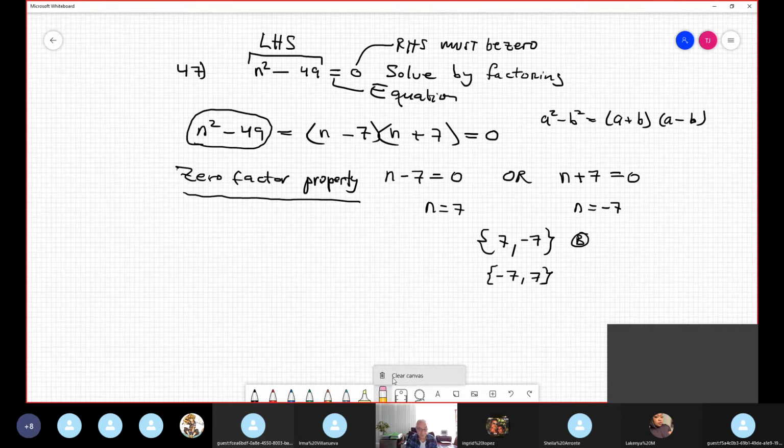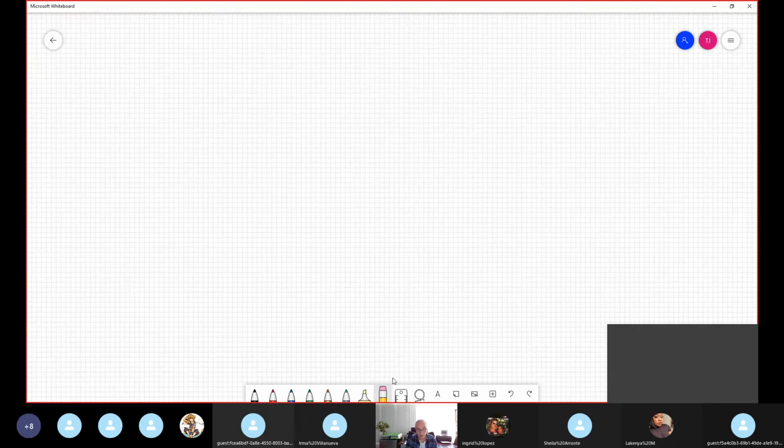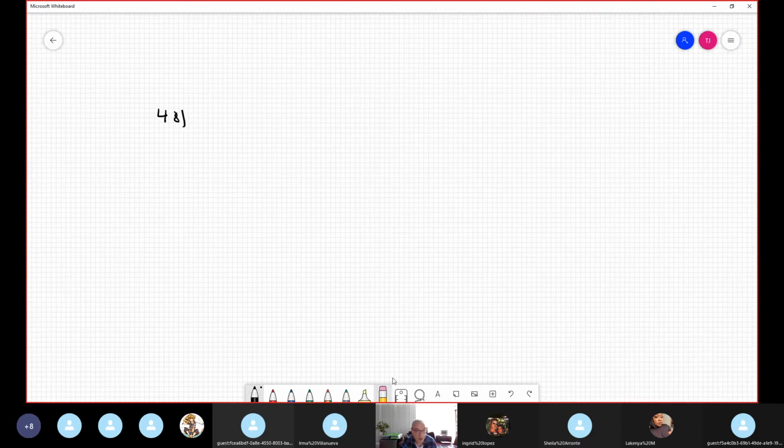Suppose question 48 is x squared plus 8x minus 20 equal to 0. Oh, it's easy, because this is a trinomial, right? You recognize this is a trinomial. What kind of trinomial? Regular, complicated, or perfect square?